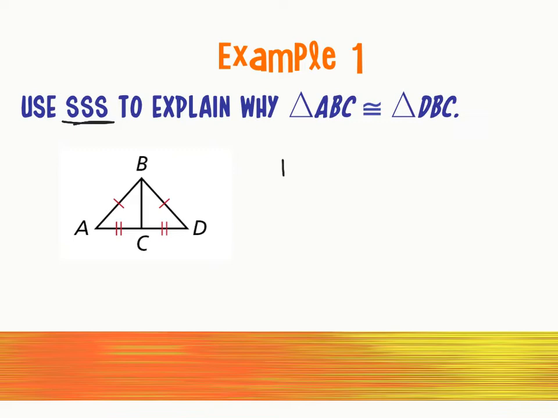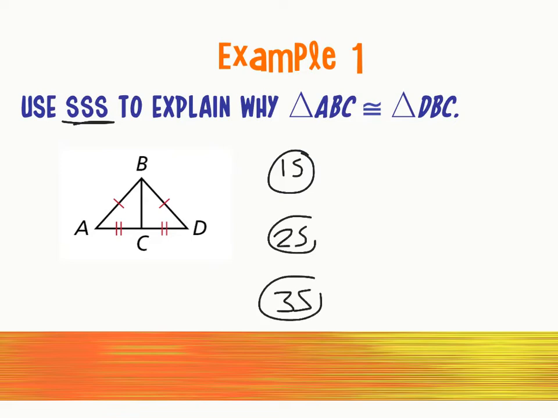So we're going to have 3 sides that are going to be congruent. It's given already, we see that because we have this tick mark here, that AB is congruent to BD. So we can write that as our first pair of sides that are congruent. So AB is congruent to BD.